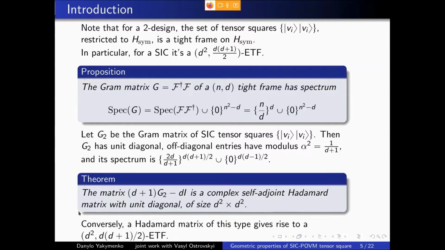And when we go backwards, we come to some equiangular tight frame of this type. But it is not always a SIC. It is rarely a SIC actually. Okay.